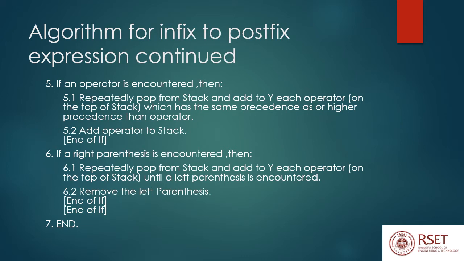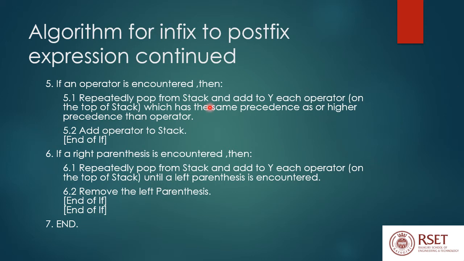Again, if you see another operator which has higher or equal precedence to this plus, for example a minus, then the plus operator will not come in, because minus and plus have the same priority. So you will have to pop that minus out. Plus will get in only if it can find an operator of lower precedence than itself.